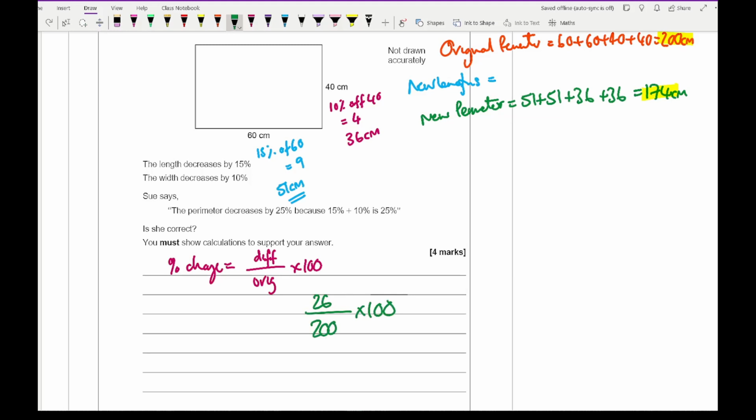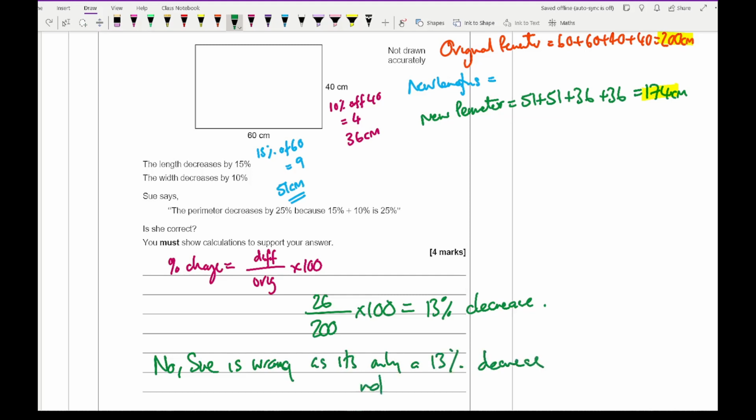And if I type that into my calculator, I get a 13% decrease. So is Sue correct? No, Sue is wrong, as it's only a 13% decrease, not 25%.